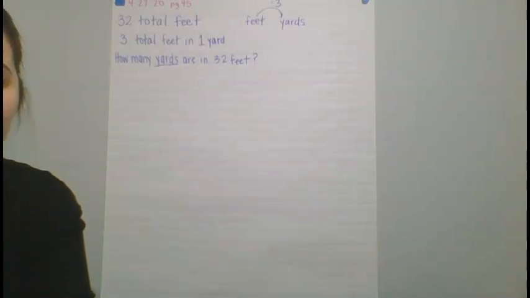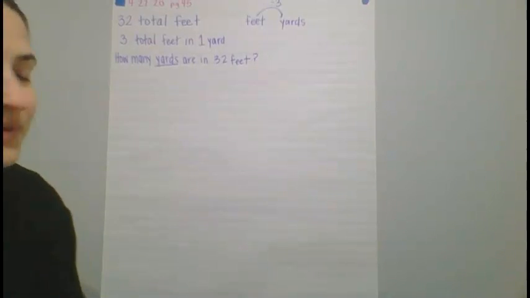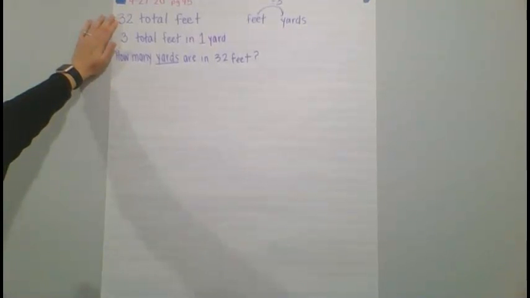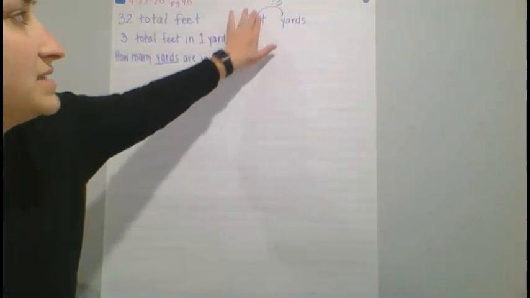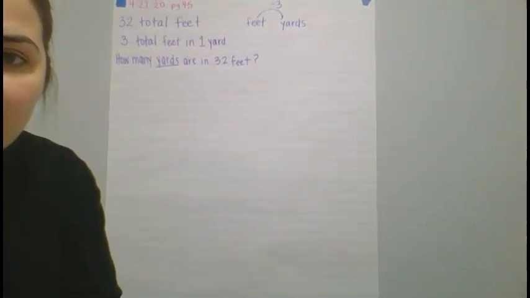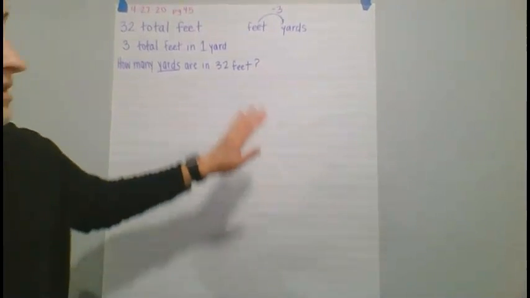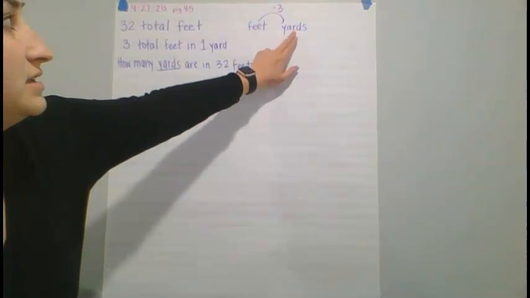All right, so on this problem, you'll notice I have 32, which is going to represent the total feet. And then I also have 3 total feet in 1 yard. I got this from this diagram right here that tells me that there are 3 feet in 1 yard.